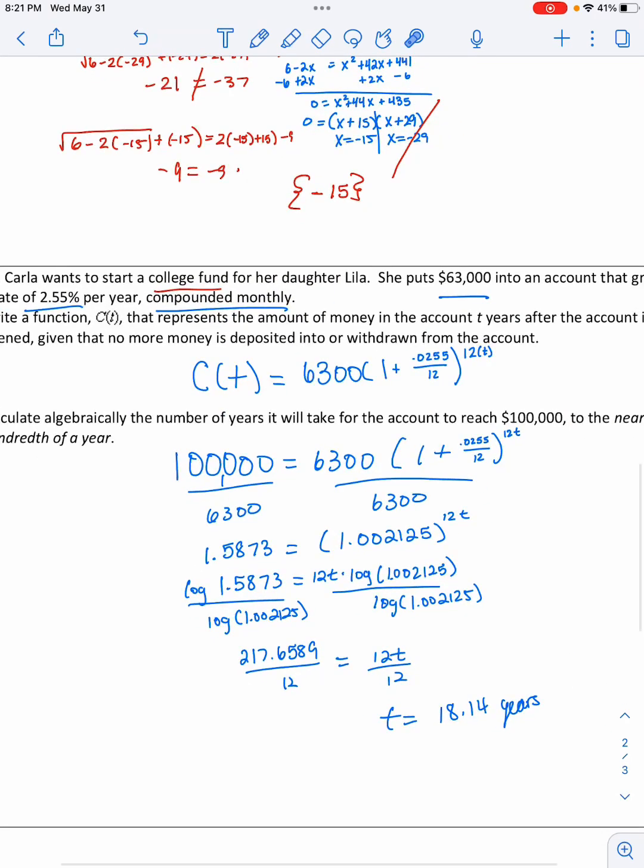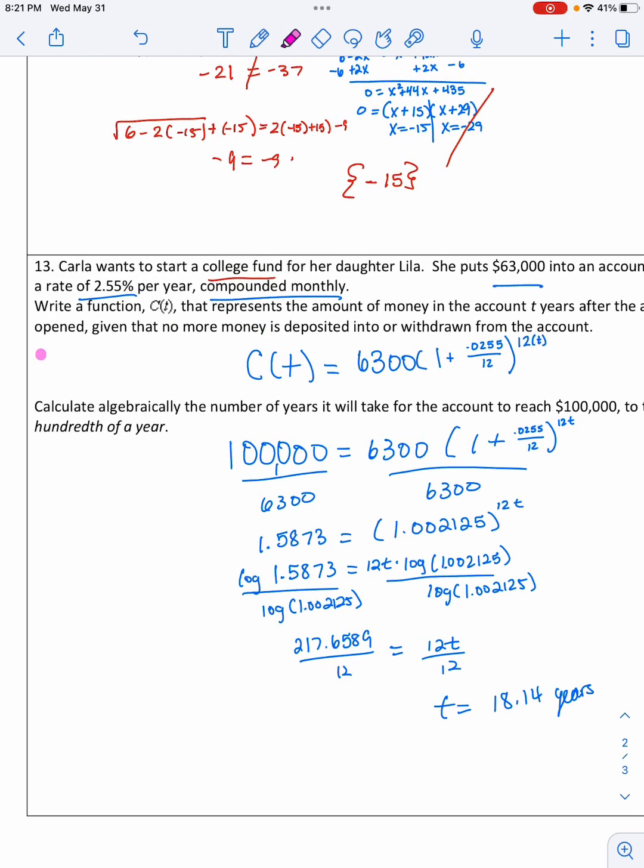So what's the equation? We're going to start with our principal amount. C of T is going to equal our principal amount times 1 plus our rate over n, the number of times it's compounded, raised to nt.